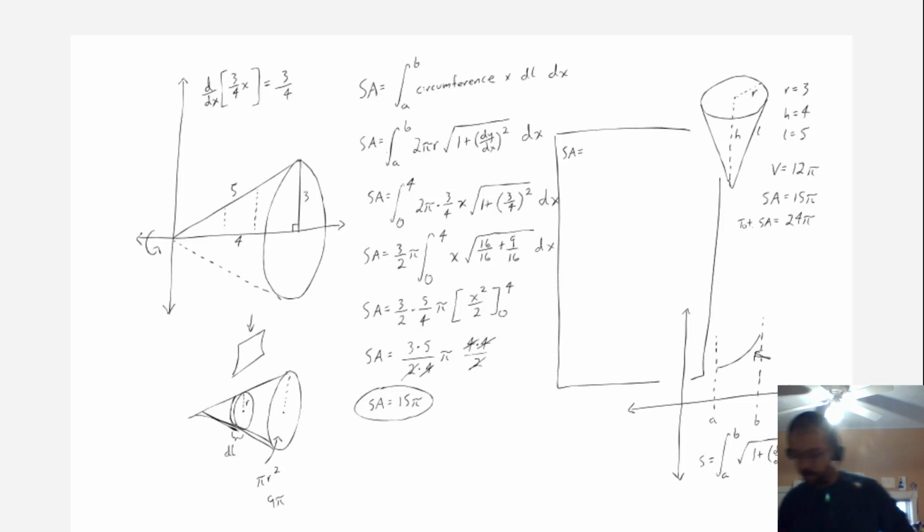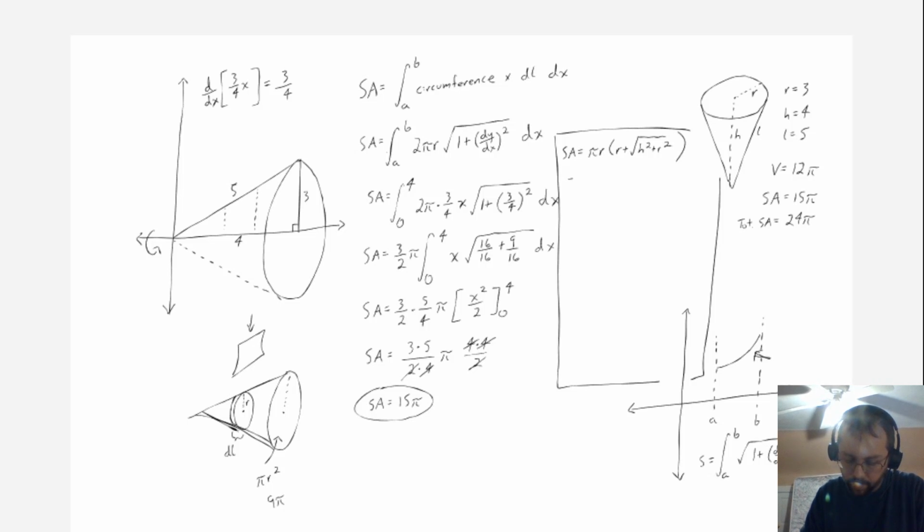So the formula is pi times r plus the square root of h squared plus r squared. I think that's it. Yeah. Now we can start plugging everything in.